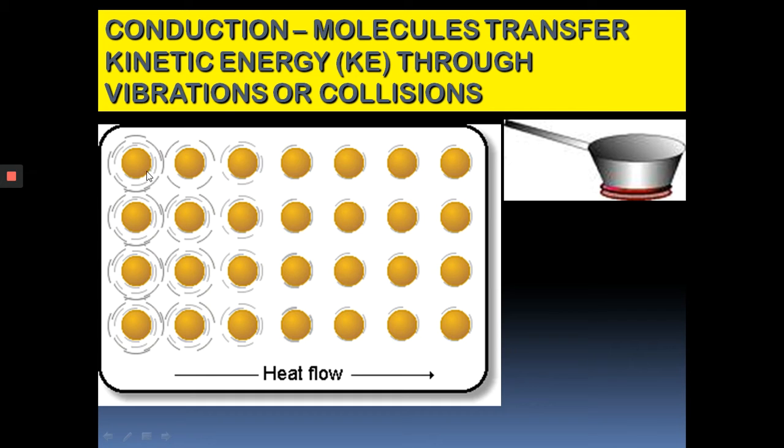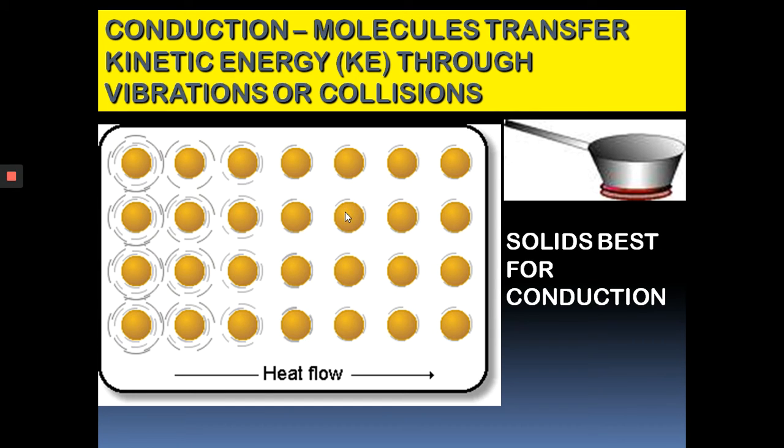The molecule itself is not moving except vibrating in its own spot, but energy is transferred due to the vibration. Again, solids are the best for conduction because of their high density and how the molecules are packed together in a small space.